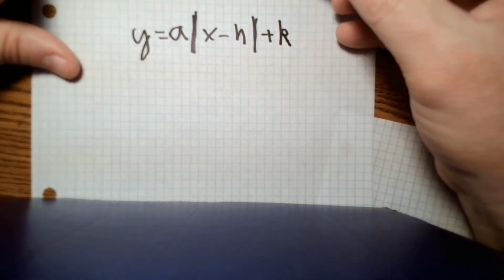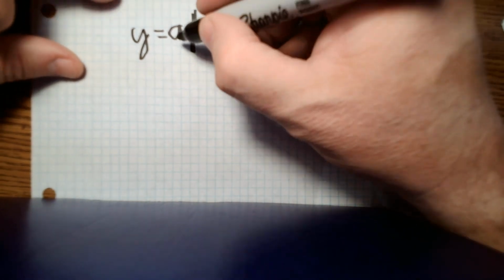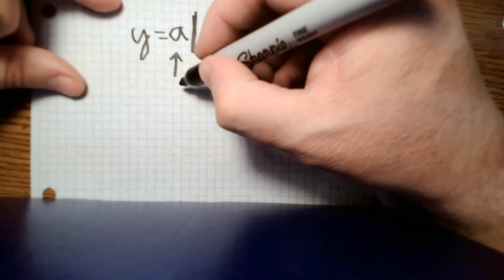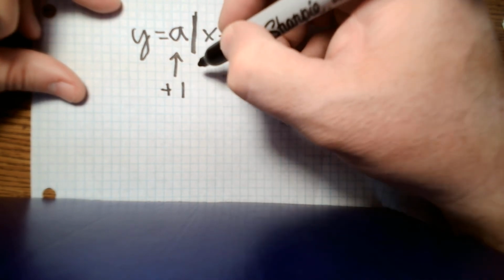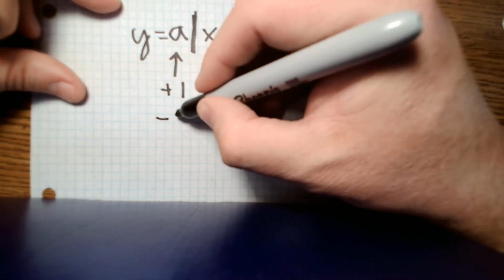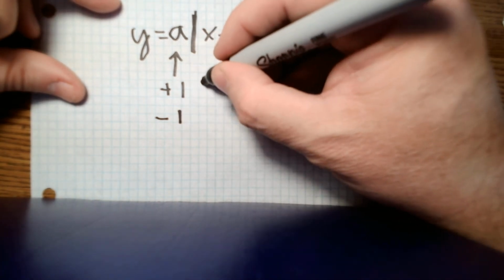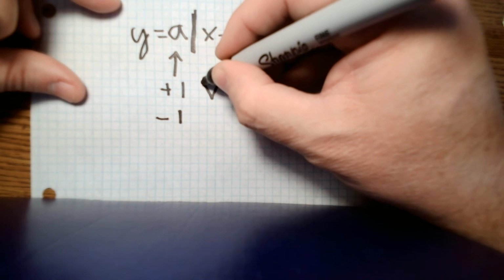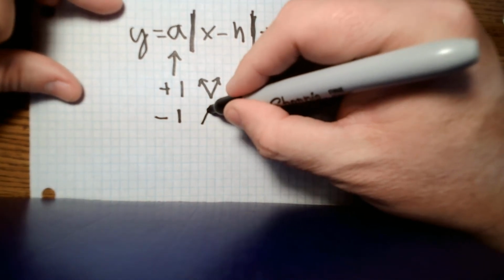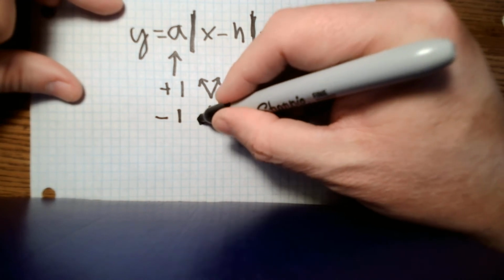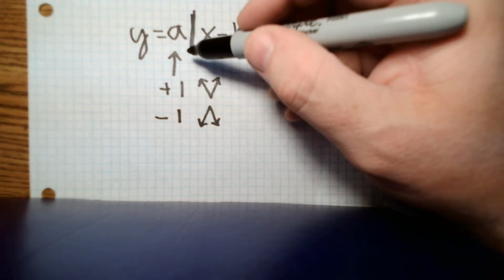Okay, and I did my K. So that's a K. All right, so this right here, for our purposes, is either going to be a positive 1, which means it's not going to be there, or a negative 1. And this is what your graph is going to look like if it's a positive. This is what your graph is going to look like if it's a negative. Does that make sense? Positive goes up, negative goes down.